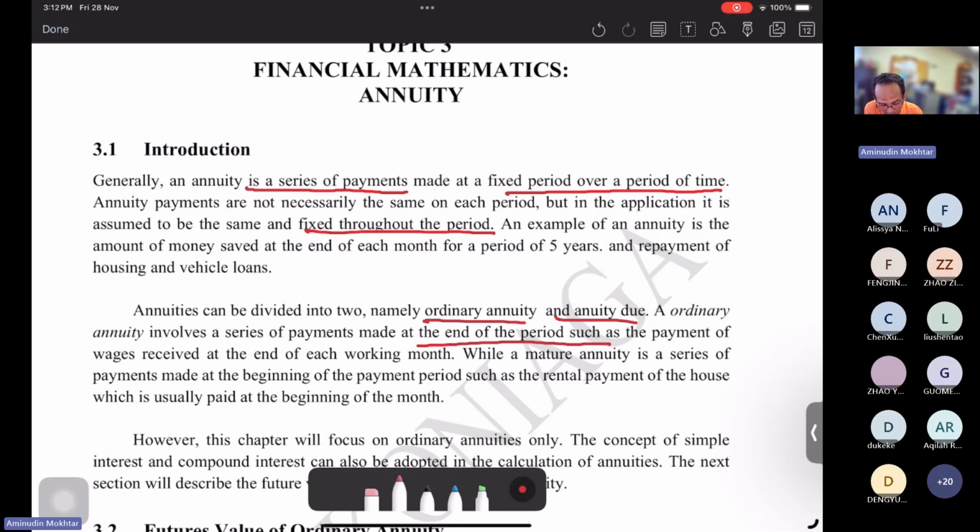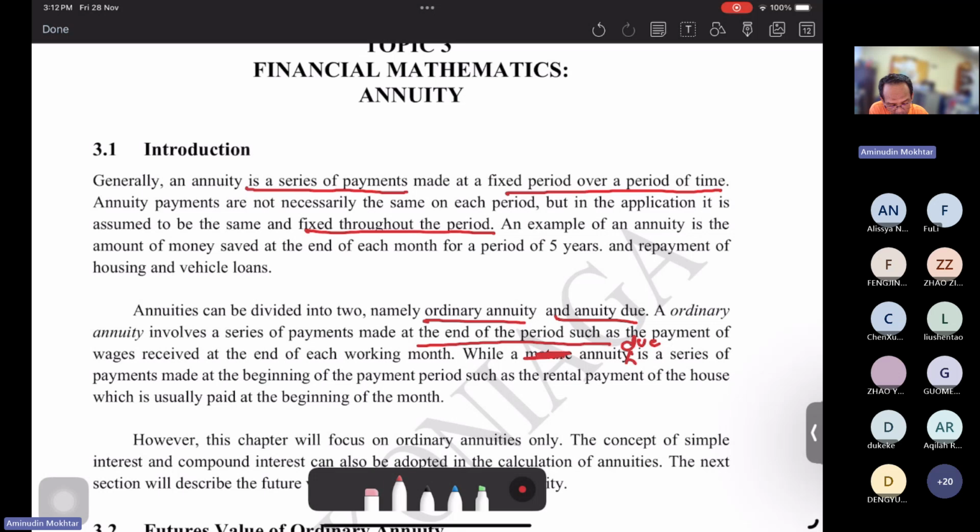While the annuity due, in Bahasa Melayu, we call it annuity matang. Annuity due is a series of payments made at the beginning of the period, for example, at the beginning of the month, year, quarter, and so on. That we call an annuity due.